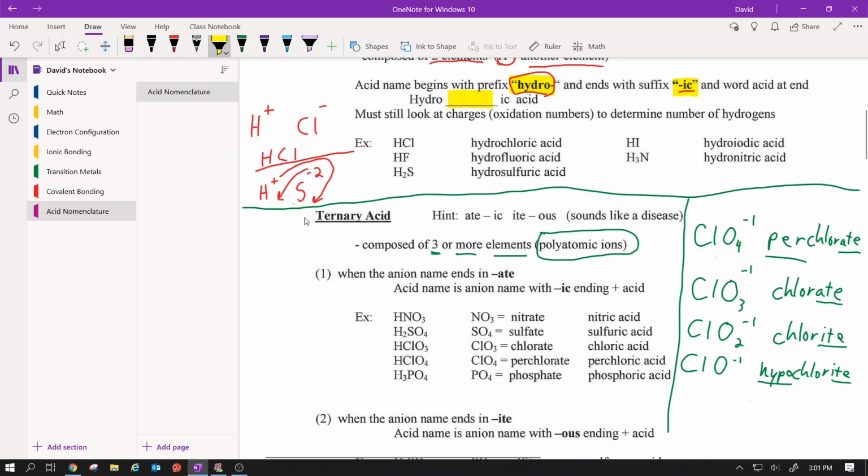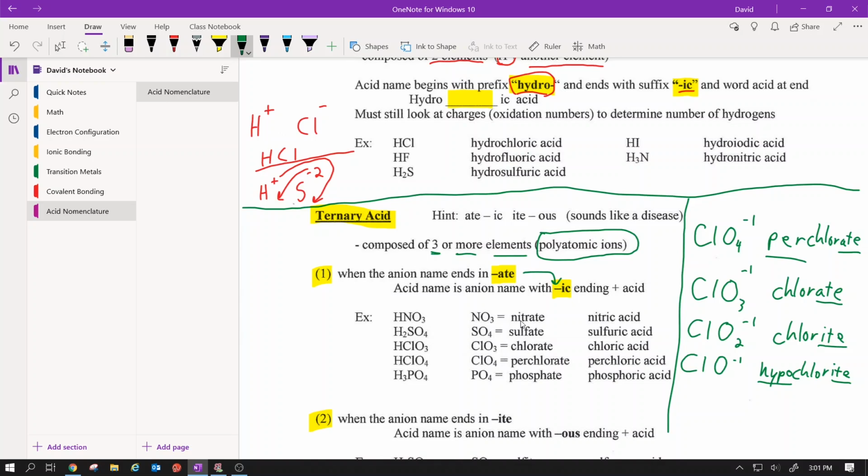Now, I want you to see that with your ternary acids, there are going to be 4 different naming schemes. Okay? So just kind of follow along. When it ends in ate, then we're just going to replace your polyatomic ion ending with ic. So ate turns to ic.